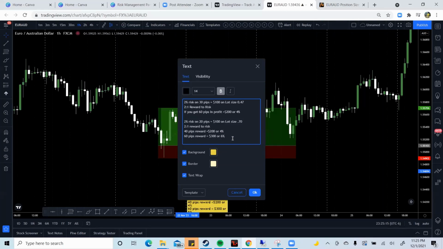So on this trade, 60 pips is $200. On that trade, 60 pips is $300.